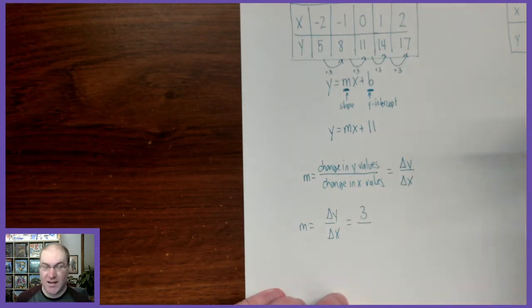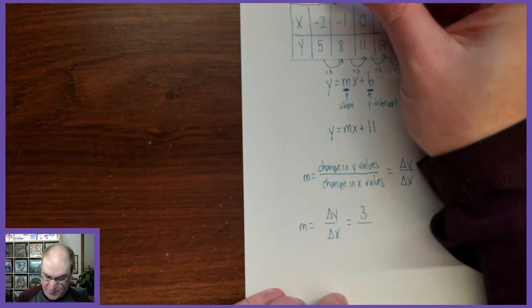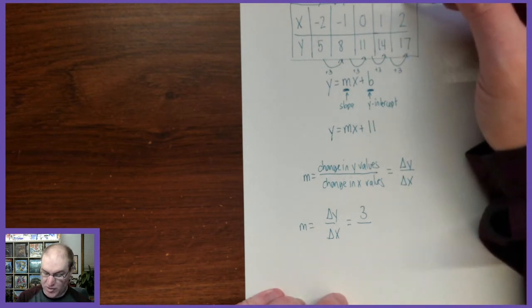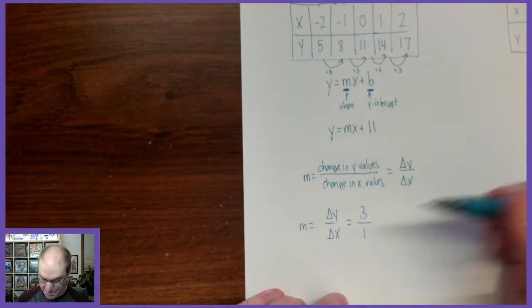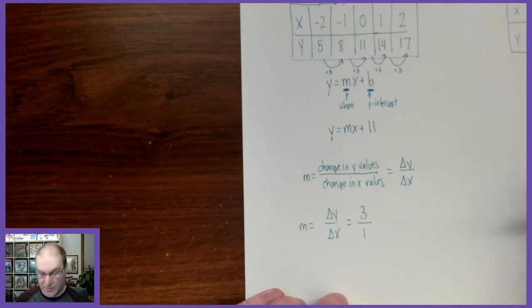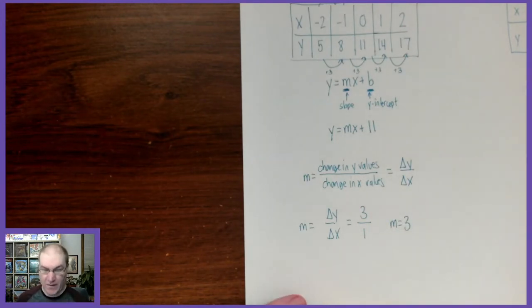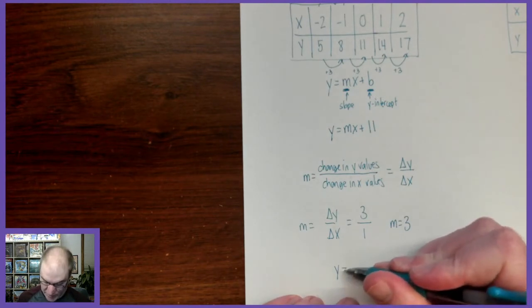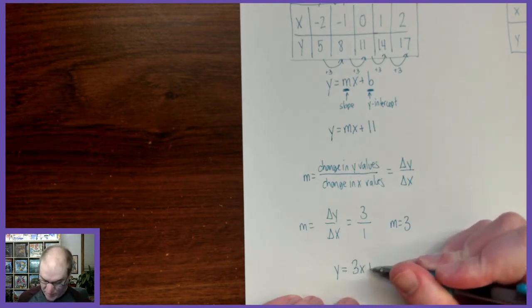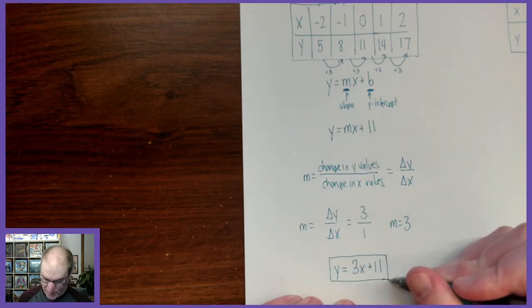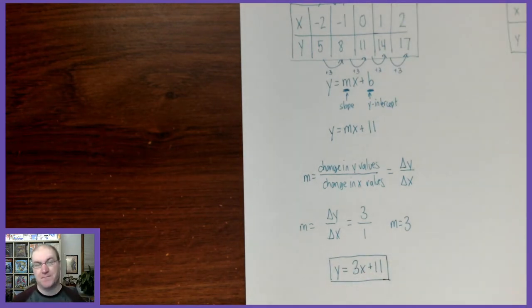And our change in x, well, each column is increasing by 1. So our change in x is 1. 3 divided by 1 is 3. So our slope of our equation here is 3. That means our equation for this table is y equals 3x plus 11. That's what I'm going to write as my equation for this table.